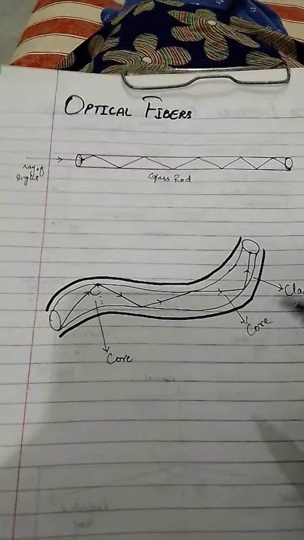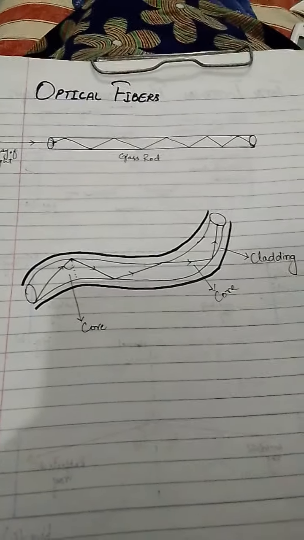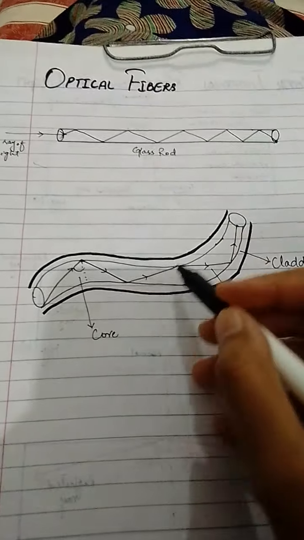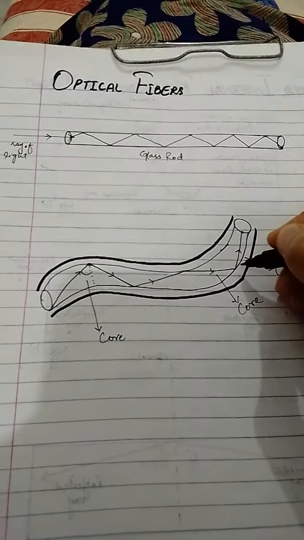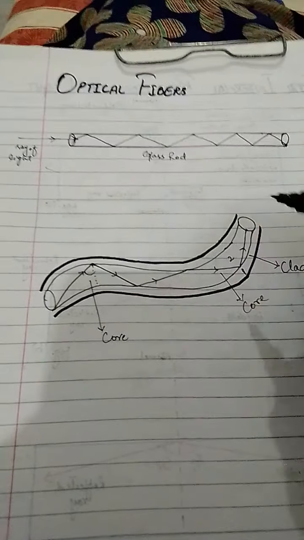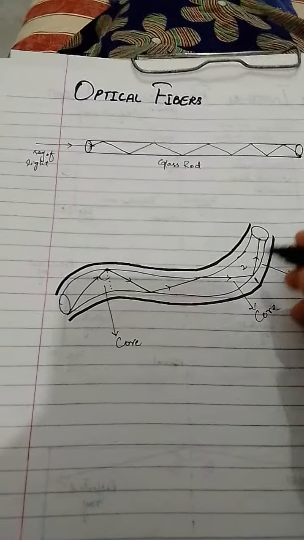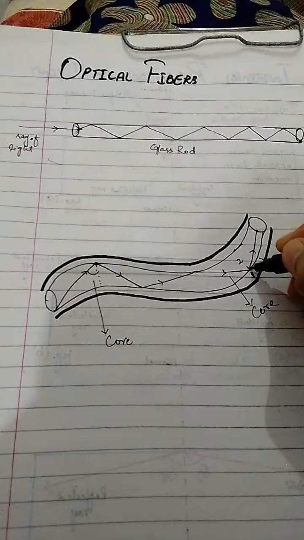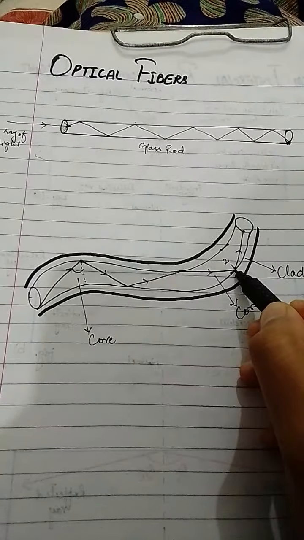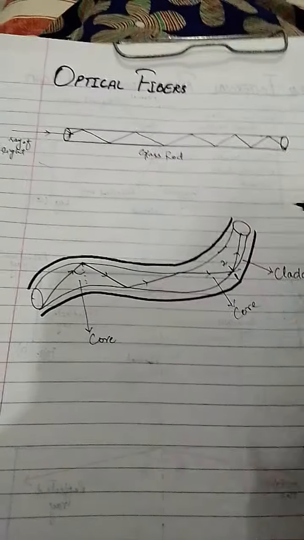Cladding is also made of glass or plastic or any kind of transparent medium, but it has properties different than the core, so that these two mediums have different properties, and the light striking this point won't just travel in a straight line but would get reflected.